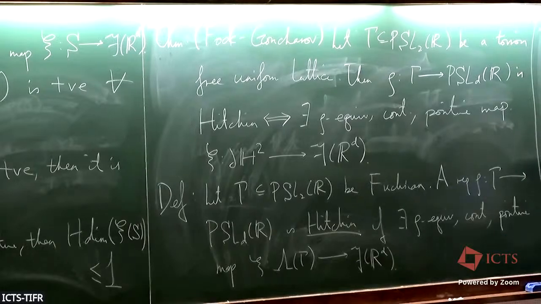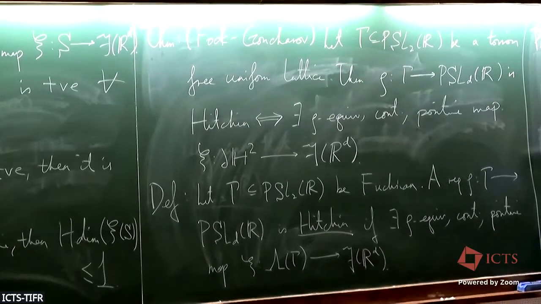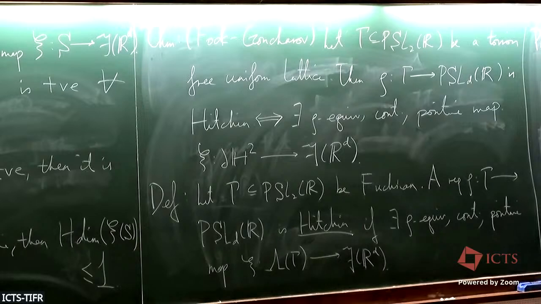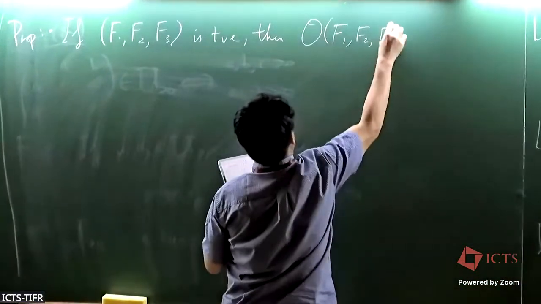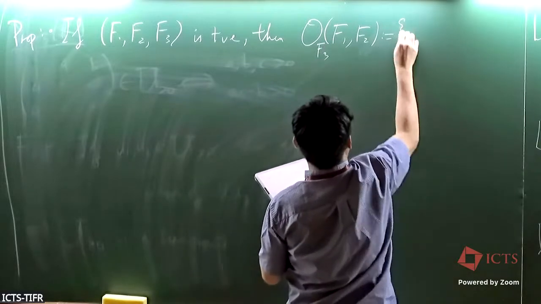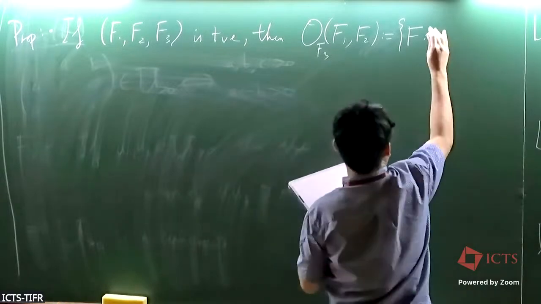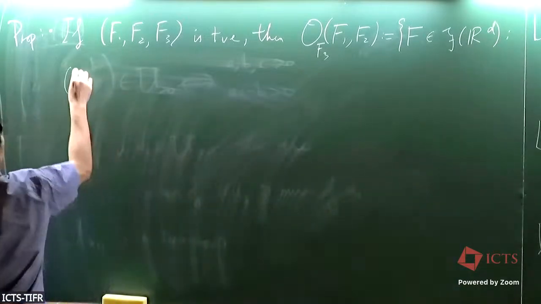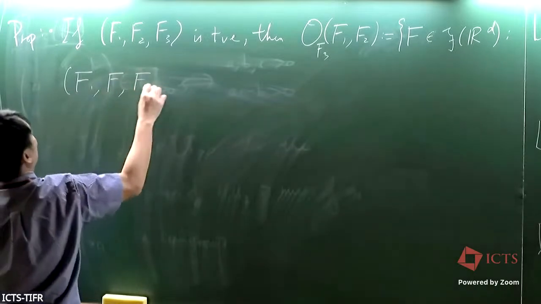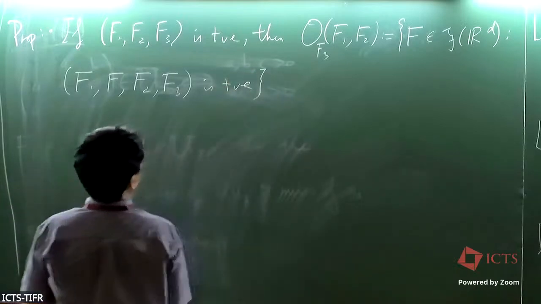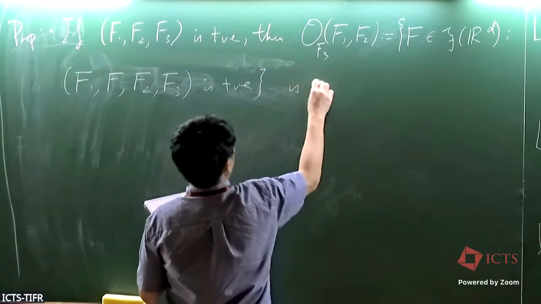If F1, F2, F3 is positive, then O of F1, F2, F3, which I define to be the set of flags F in FRD such that F1, F, F2, F3 is positive, is open in FRD.